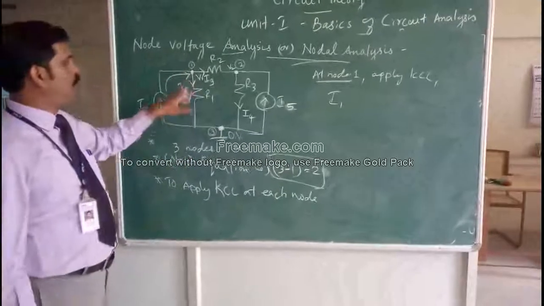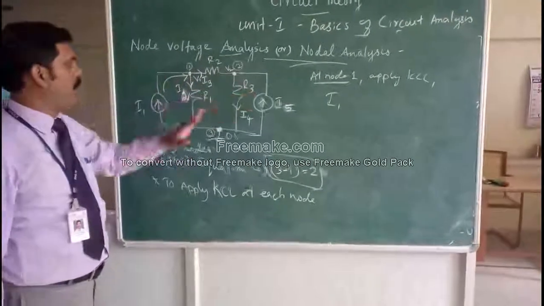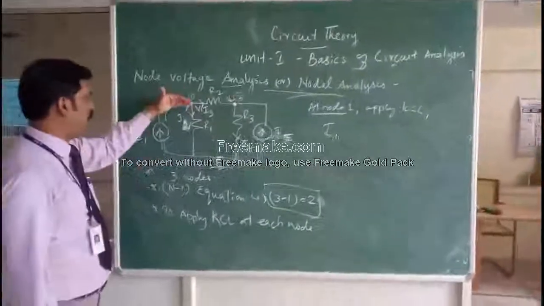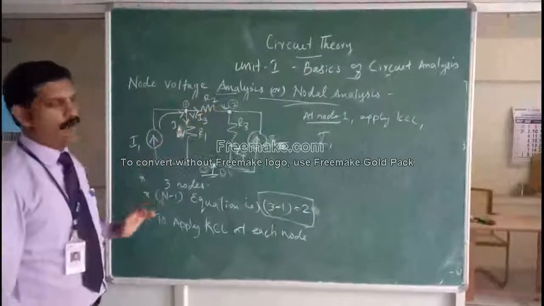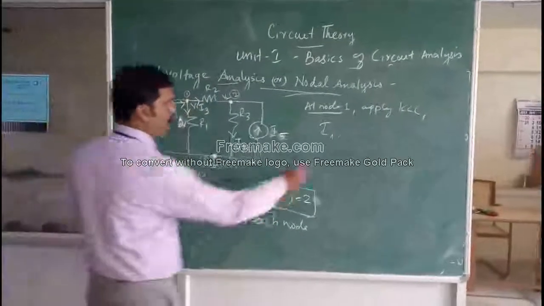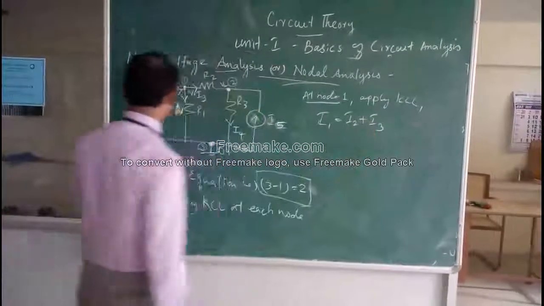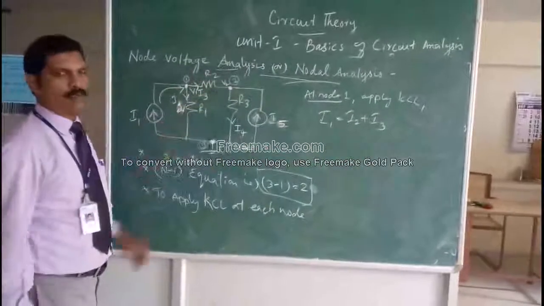Now you can see I2 and I3 are leaving the node. So towards the node is I1, and the currents leaving the node are I2 and I3. So I1 is equal to I2 plus I3. The sum of incoming current is equal to the sum of outgoing current.